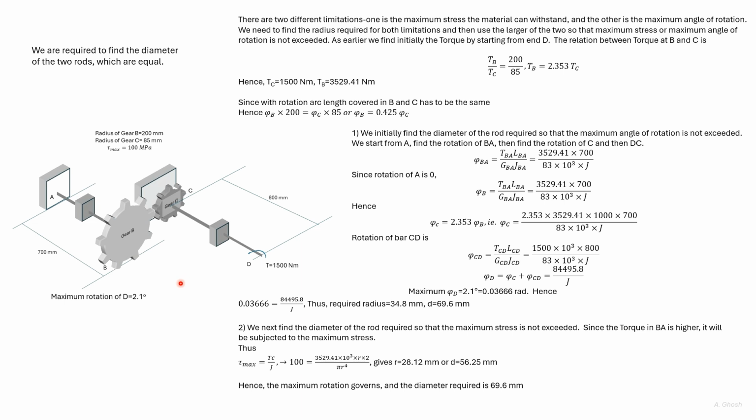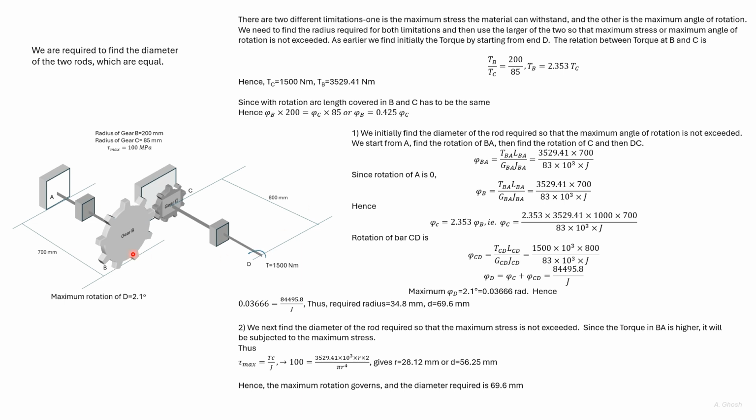So we'll find the diameter of these two bars using the two limitations one by one. First, we'll find the diameter using rotation, and then the diameter using the maximum shear stress. Whichever diameter is larger will govern.